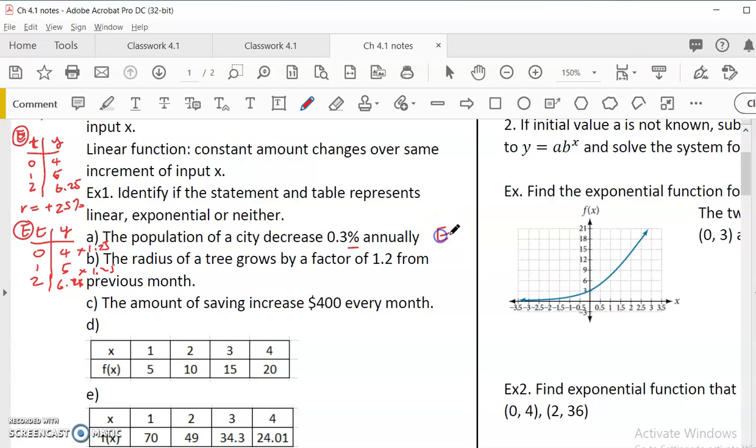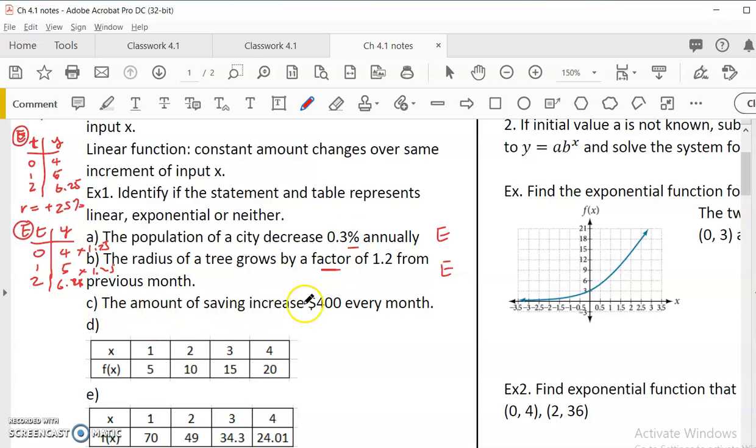It's like instead of adding 25%, I decrease 0.3%. So this is exponential, not linear. B, the radius grows by a factor of 1.2. It's always multiplied by the same 1.2 factor, just like we multiplied by 1.25. So that is also exponential. The keyword is constant percent or constant multiplicative factor.